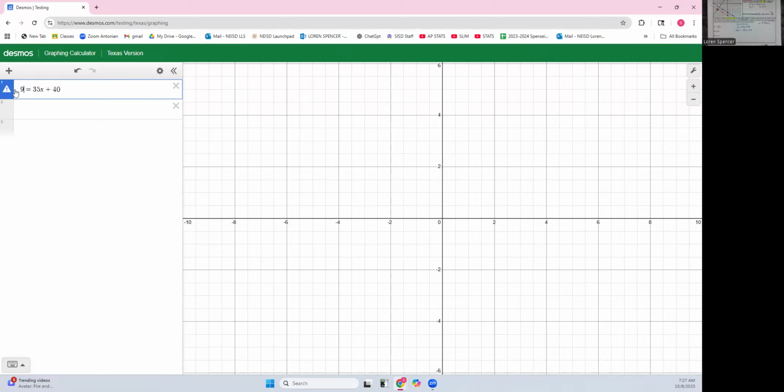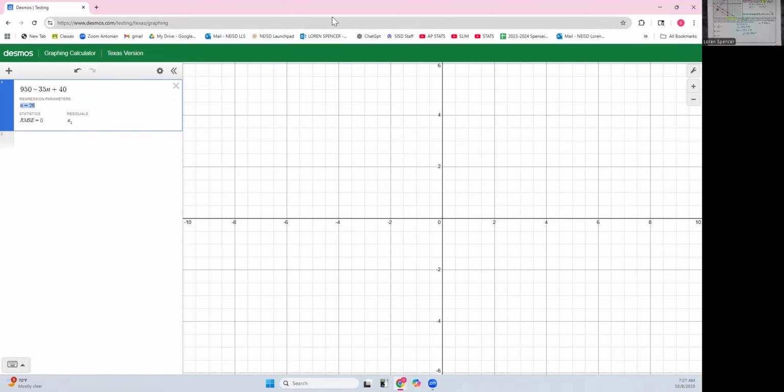Oops, not 960, 950. And it's not solving it. Why? Well, first off, I need to change that to a squiggle. Then I need to change this to the letter N. And all of a sudden I get N equals 26. And that is my answer. So my answer is x equals 26 hours.